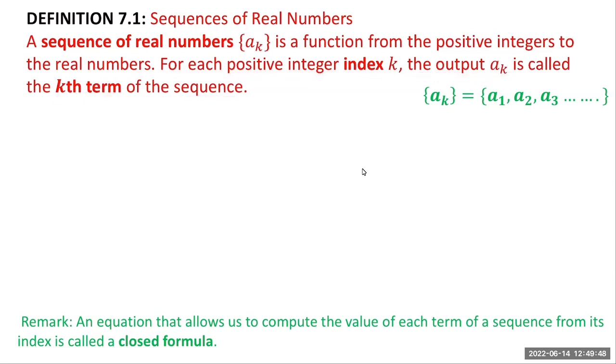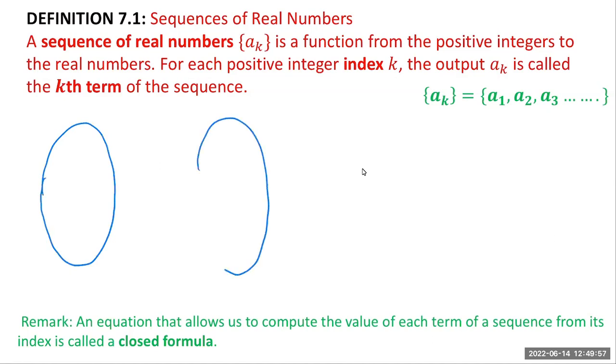Okay, what does that mean? That means a sequence {a_k} is a function, a mapping from the set of positive integers to the set of real numbers. So your domain is going to be the set of positive integers, 1, 2, 3, 4, and so on. Your range is going to consist of a_1, the first term, and then the second, a_2, a_3, a_4, and so on.